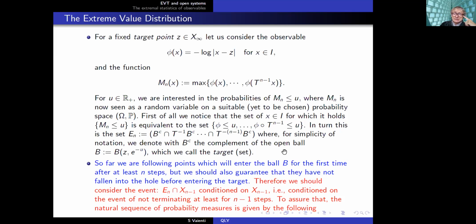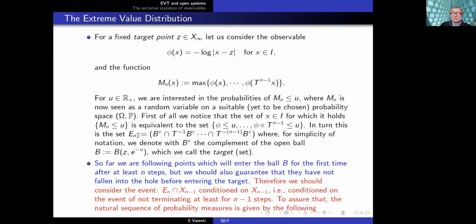In this case, we consider a new event, E_n, which is the set of points which are outside the target set for n-1 steps and eventually go into the target set after n steps. But these points I want to be on the surviving set for at least n-1 steps in order to be able to join the target set.